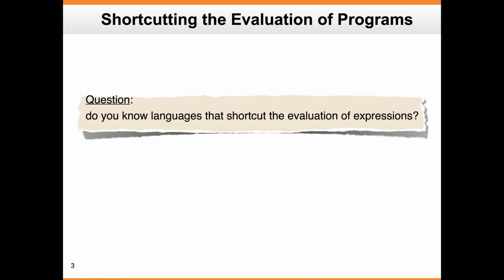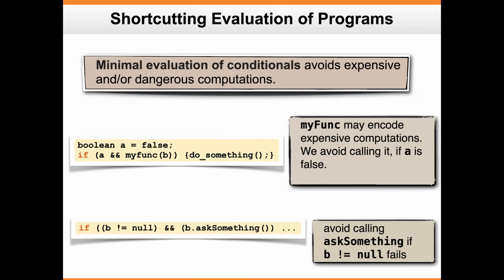So when we have something like Java, and we have an if statement, and we have an AND in that, A and B, B is only evaluated if A is true. Yes, exactly. So in many languages, we have this minimal evaluation of conditionals, which is very good to avoid expensive and or dangerous computations.